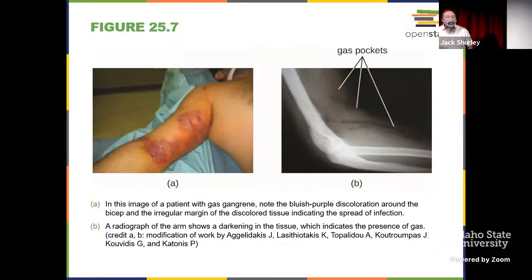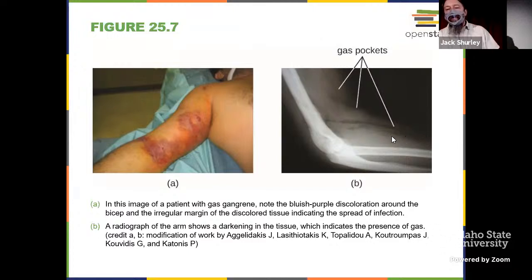So this next image is gas gangrene, Clostridium perfringens. We mentioned that guy a little bit ago. In this patient with gangrene, you could see the discoloration and ultimately the organism spreading through.